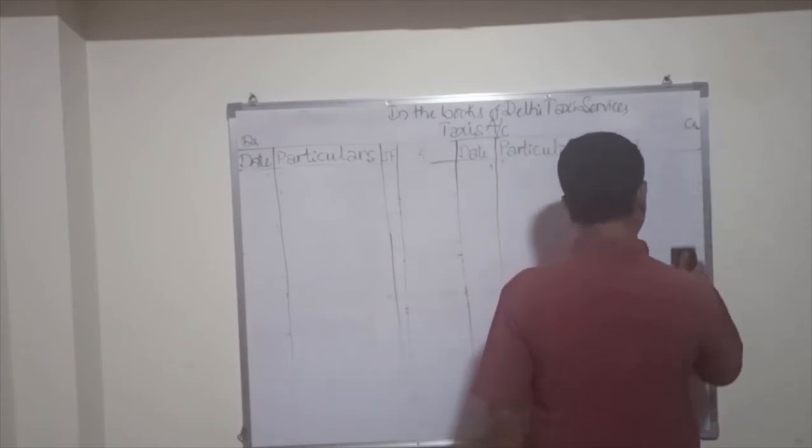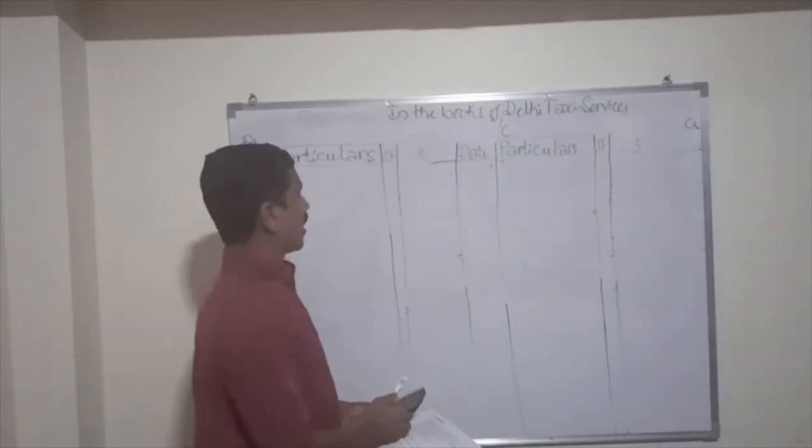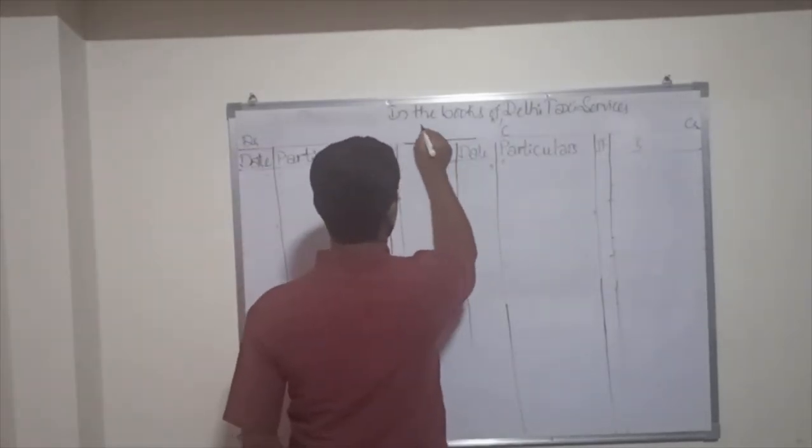So if you remember the journal entry, then you don't find any difficulty here in preparing the accounts here. So the next one, we should prepare a vendor's account here.